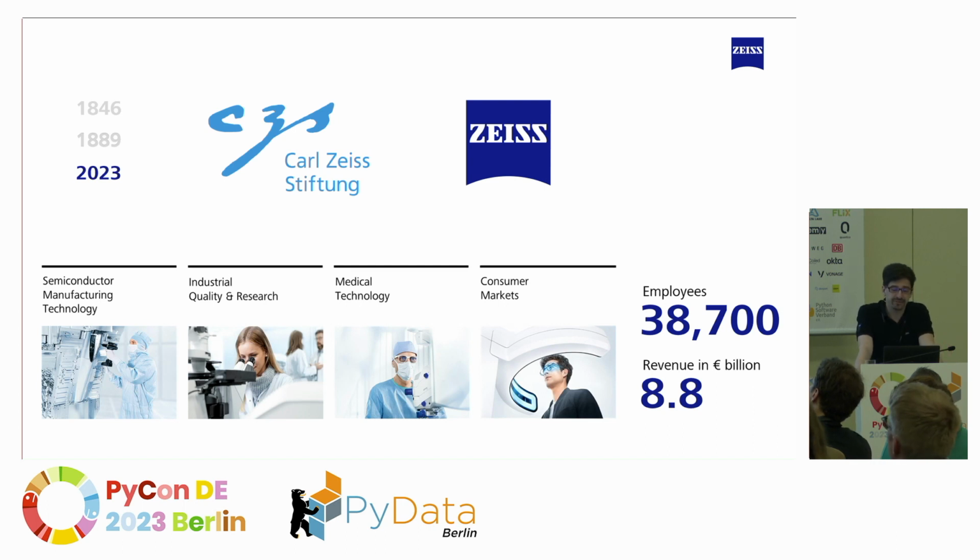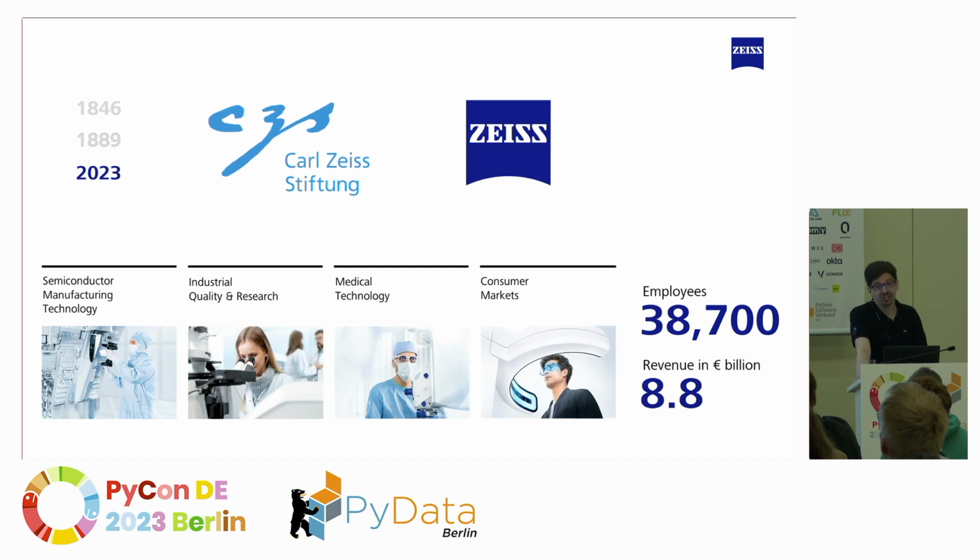Third area is medical technology. I hope you have not been in touch with that, probably not, but some might be. There's a story from last year's We Are Developers conference where we had a booth, and some person came along, and he said, "Oh, Carl Zeiss, that's a great company.